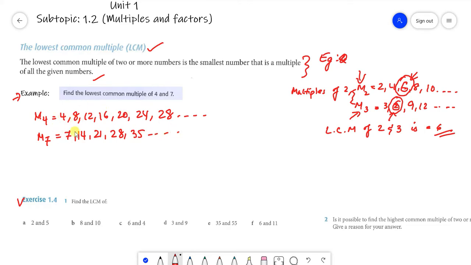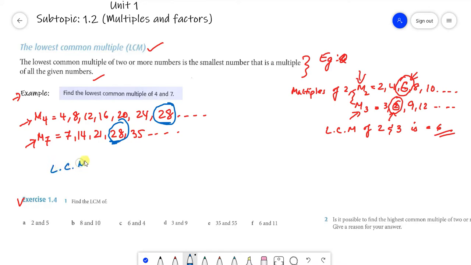Now just find which is the lowest common, that means the number present in the multiplication table of 4 as well as in the multiplication table of 7. You can see we have 28 here and we have 28 here. So hence the lowest common multiple of 4 and 7 is 28.